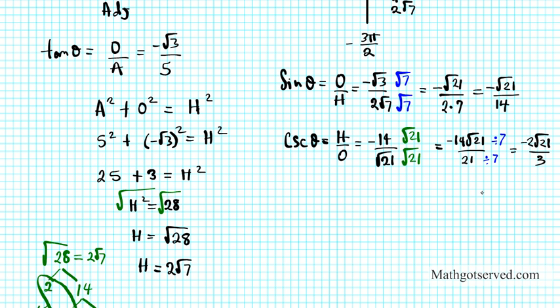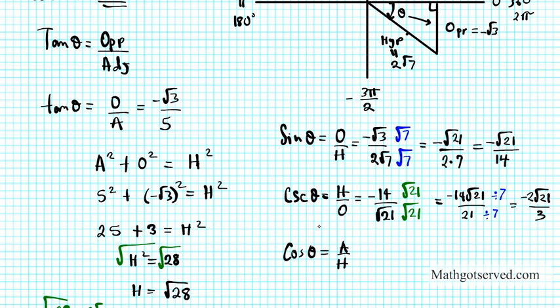Now let's go ahead and find the cosine theta. Cosine theta, from SOHCAHTOA, is adjacent over hypotenuse. So our adjacent is 5 over our hypotenuse, which is 2 root 7.